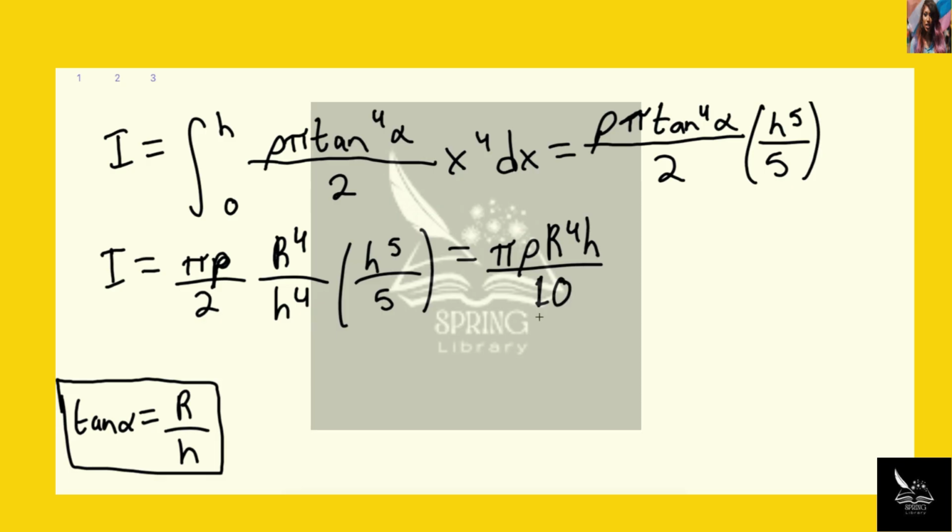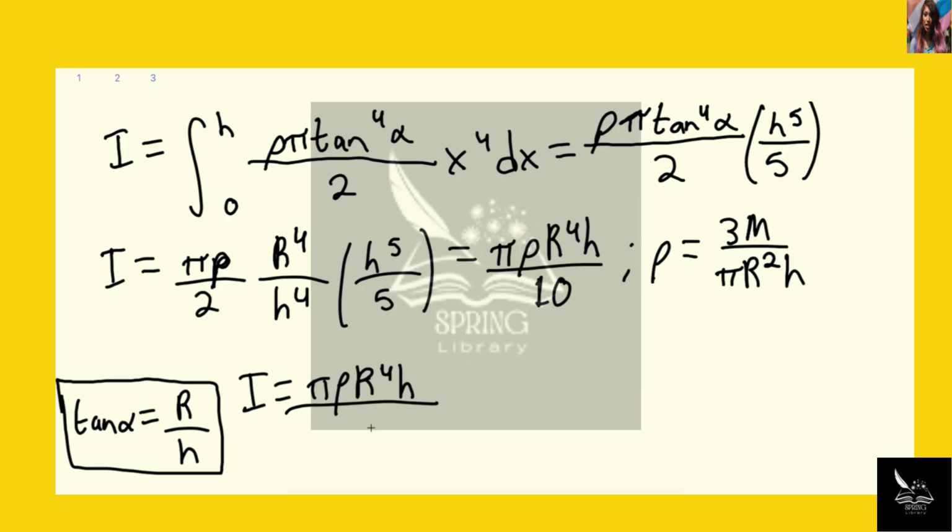At this point, we know that rho is going to be equal to 3m over pi r squared h. So I is going to be equal to pi rho r to the fourth h over 10.